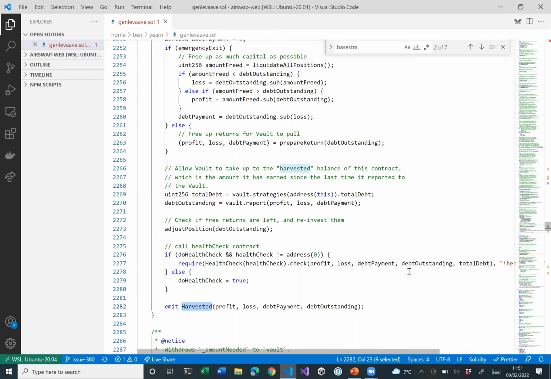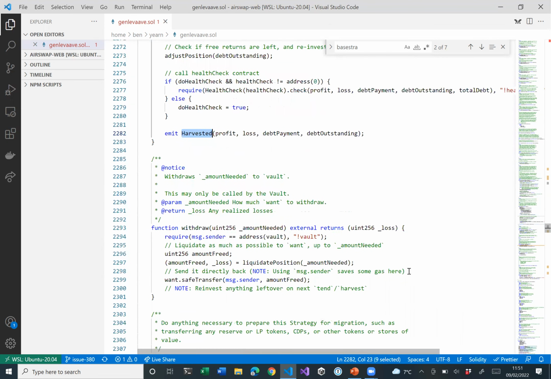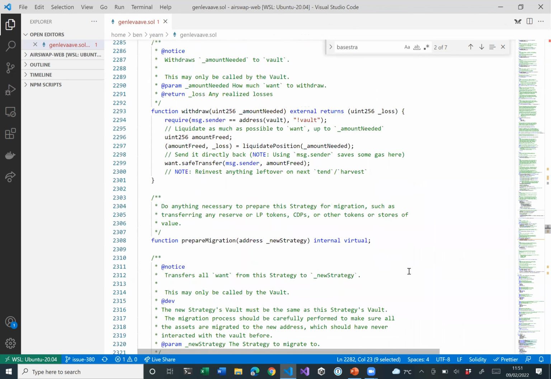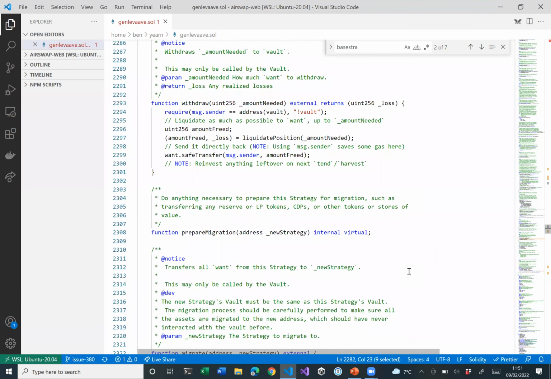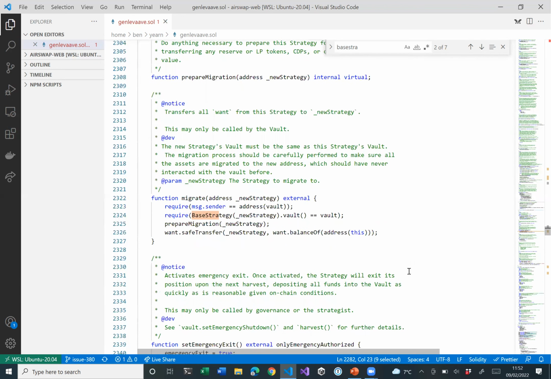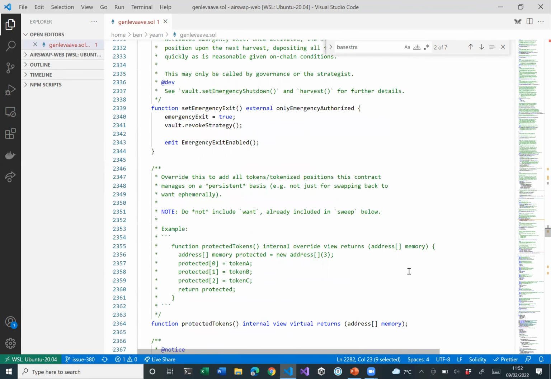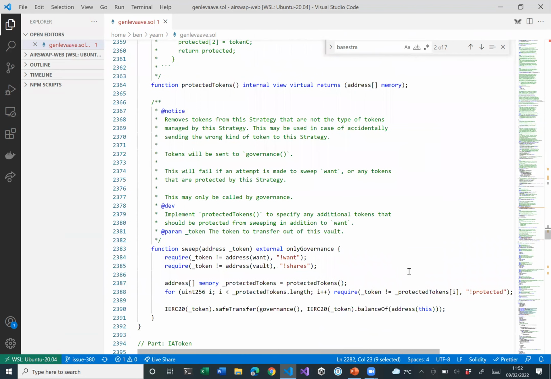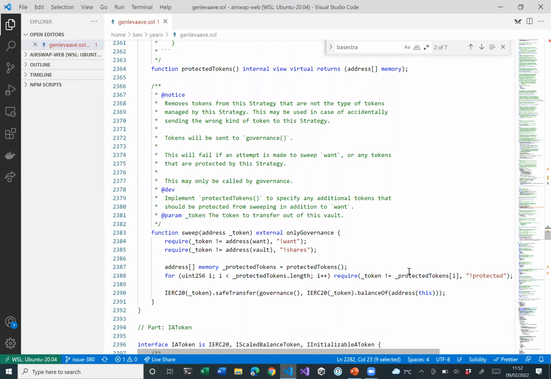Harvested event. Withdraw. Migrate. Emergency exit. Protected tokens. Removes tokens from the strategy that are not the type of tokens managed by the strategy. This may be used in case of accidentally sending the wrong kind of token to the strategy.